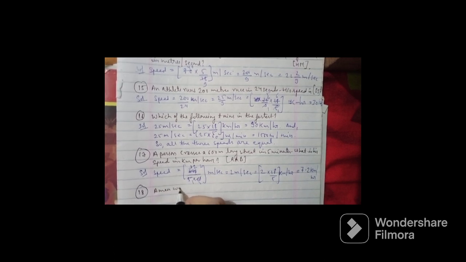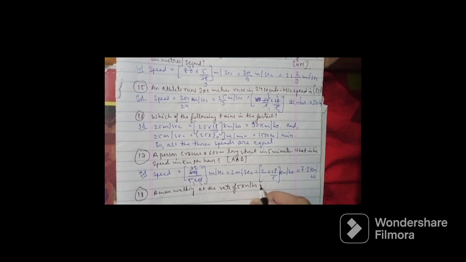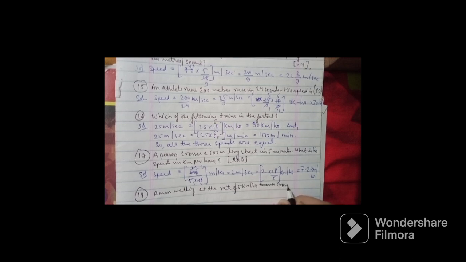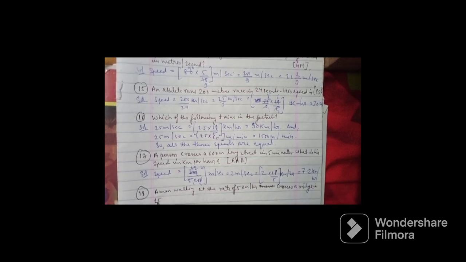A man walking at the rate of 5 km per hour crosses a bridge in 15 minutes.